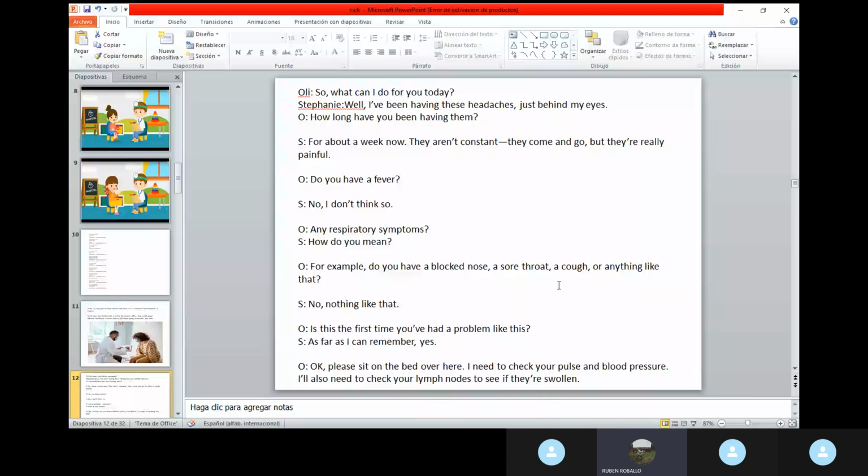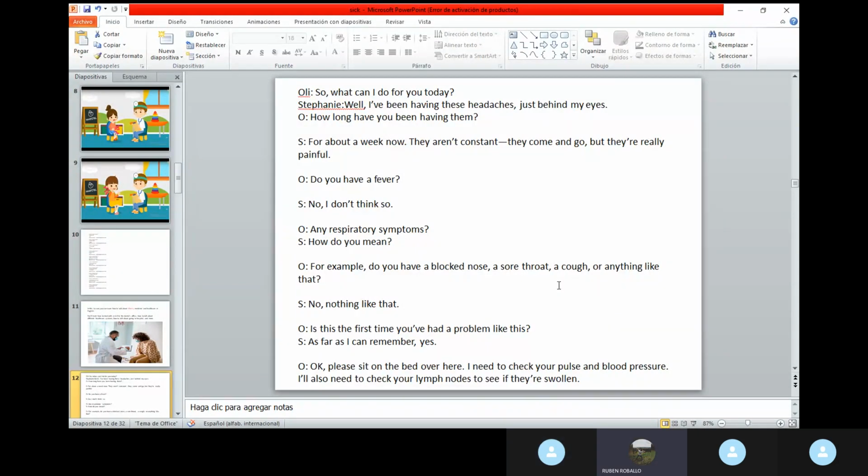For about a week now. They aren't constant. They come and go, but they're really painful. Do you have a fever? No, I don't think so. Any respiratory symptoms? How do you mean? For example, do you have a blocked nose or sore throat, a cold, or anything like that?